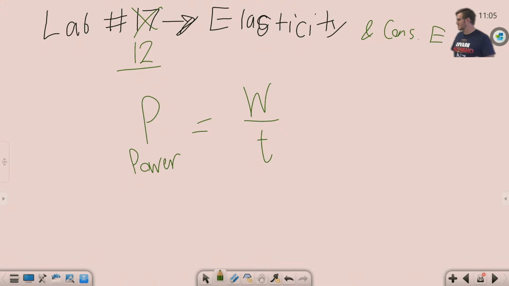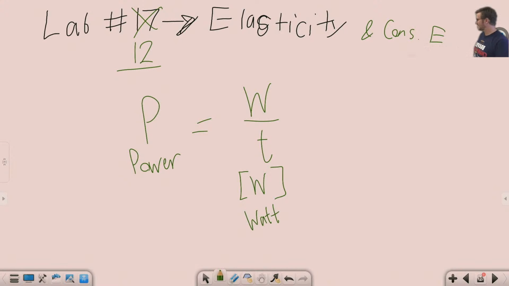Power's units are capital W, and of course it means the ever favorite watt. Power is in watts. My second or first favorite unit. Hertz and watts are my favorites. This is the unit for power. It's in watts.